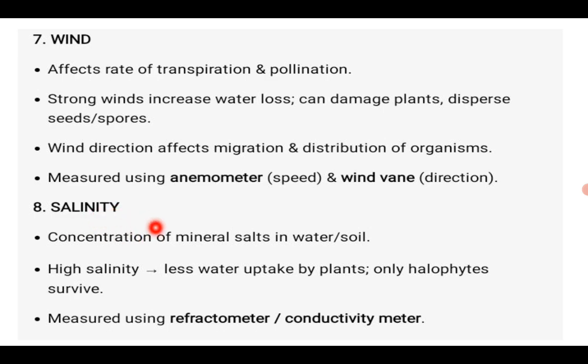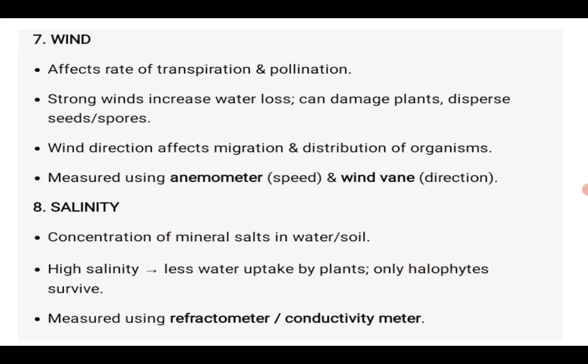Salinity or saltiness of either water or soil can be measured using an instrument called a refractometer or conductivity meter.